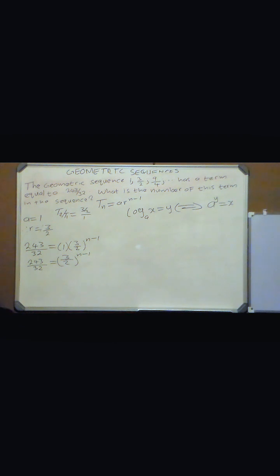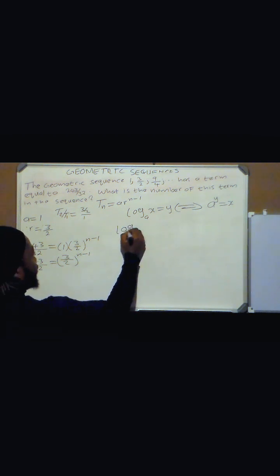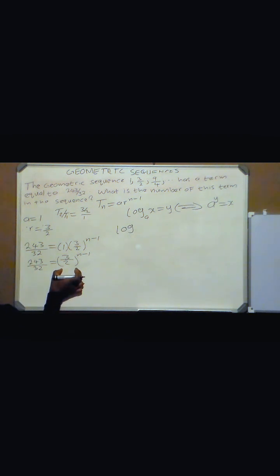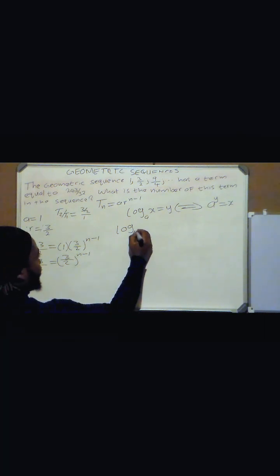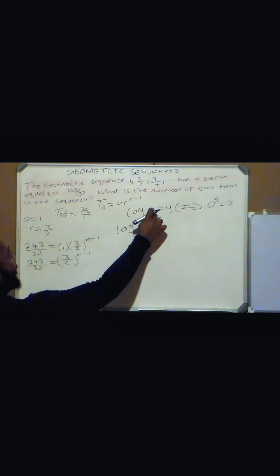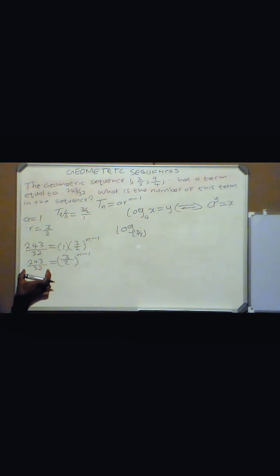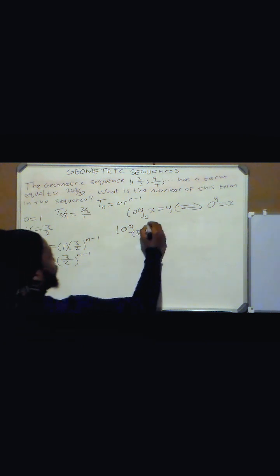So this is what we have. The log of base a, remember we said our base a is 3 over 2, so we have log base 3 over 2 of our x. In this case our x is represented by 243 over 32.